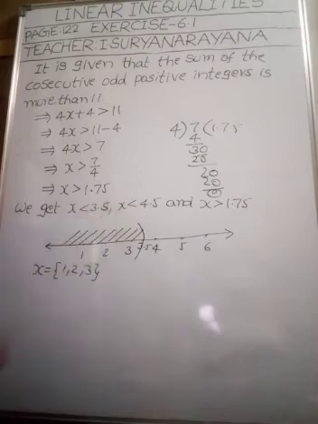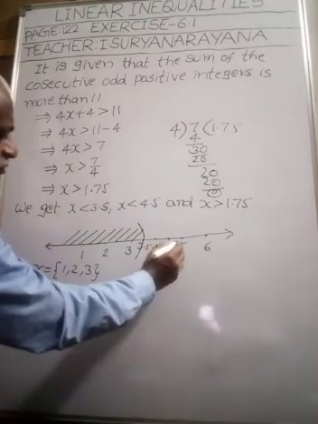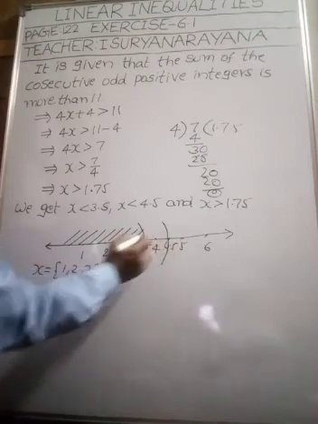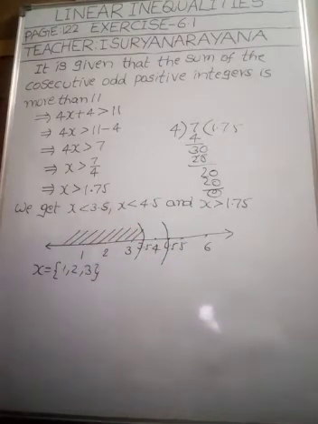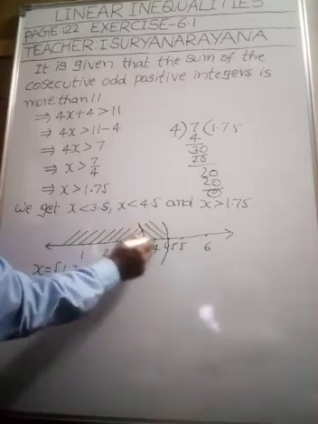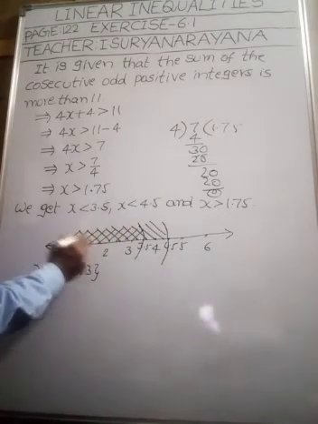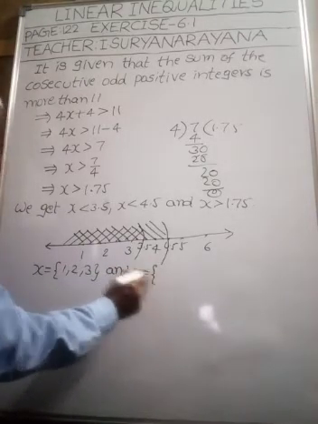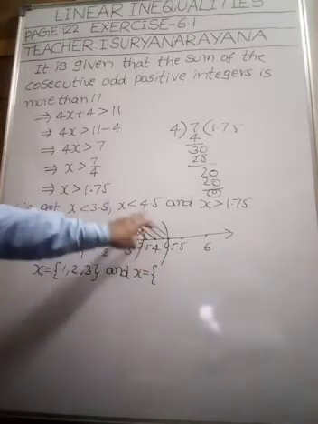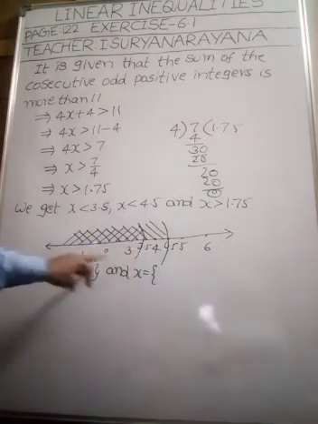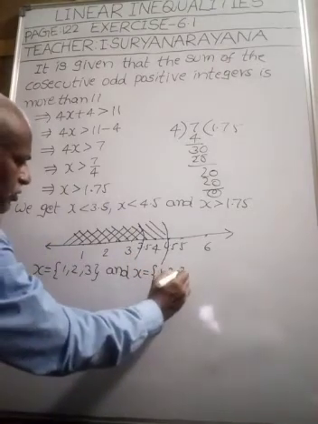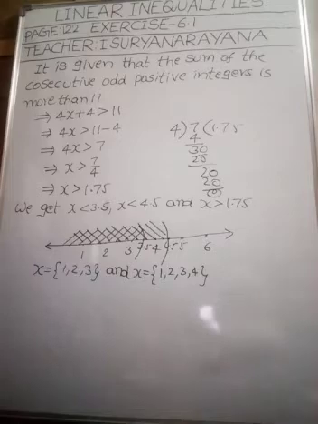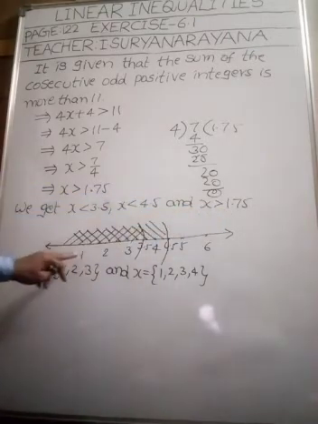Now x is less than 4.5. It lies between 4 and 5. So let us represent this graphically. x is equal to, what are the positive integers satisfying this inequality? 1, 2, 3, 4. Isn't it, my children? Right. Now x greater than 1.75, where this number lies between 1 and 2.